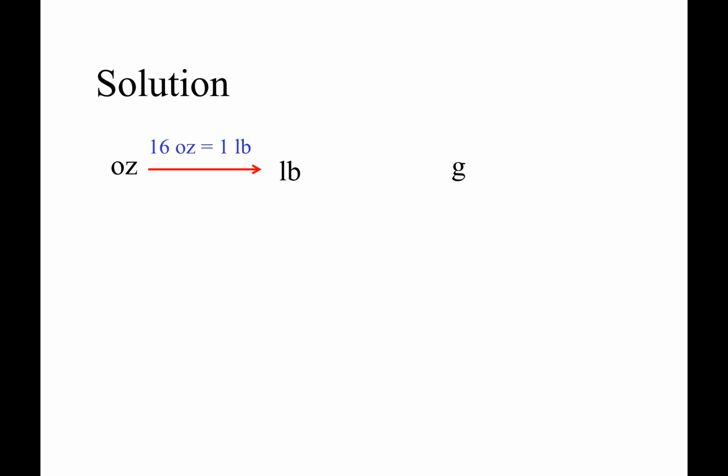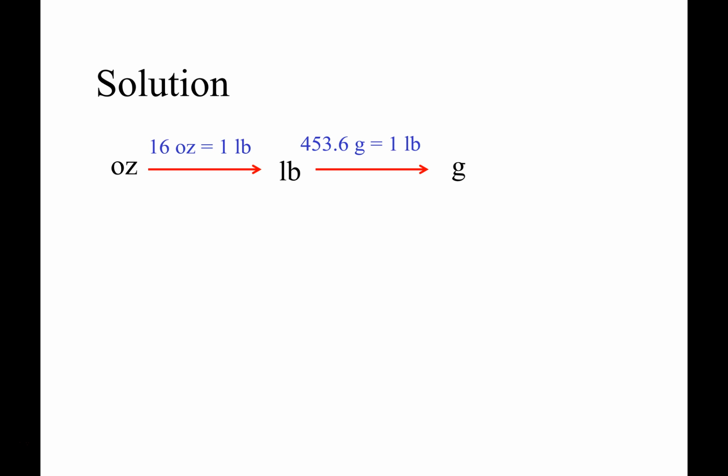Are you done writing down? So we got it. Okay, and then we can go from pounds to grams with this one that I never memorized: 453.6 grams is equal to 1 pound.